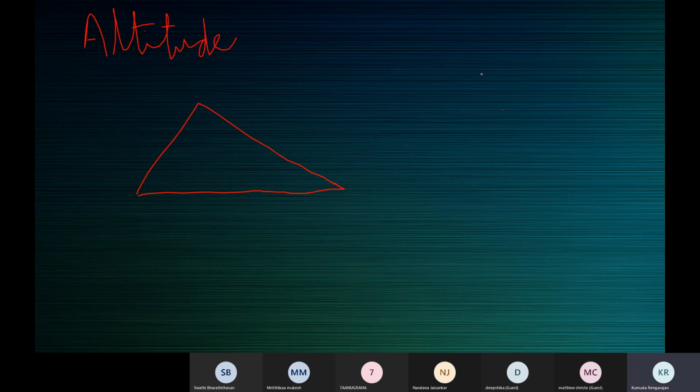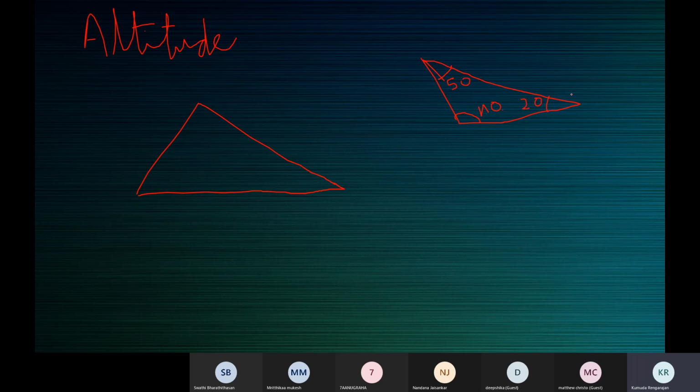Okay, so perfect. You've all defined the three types of triangles based on their angles perfectly. So when you take an obtuse angled triangle, supposing this is 110 degrees, this is 50 degrees, and this is 20 degrees.